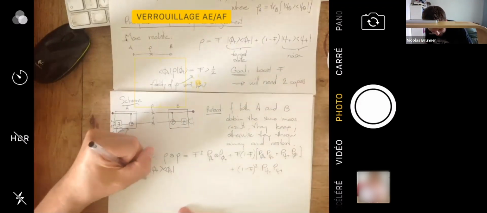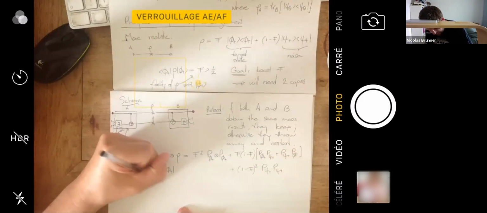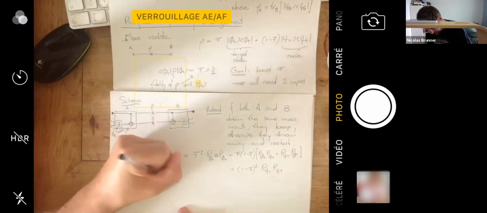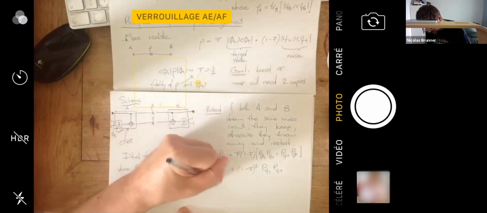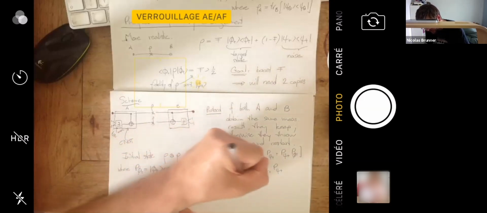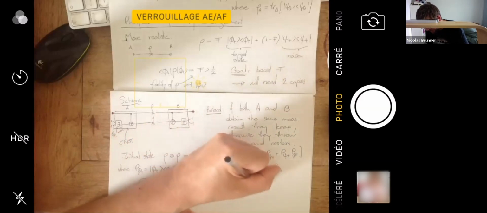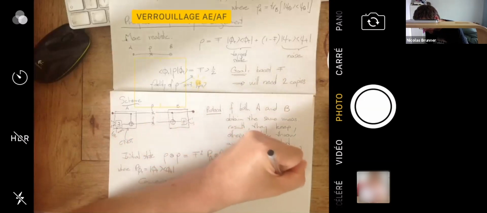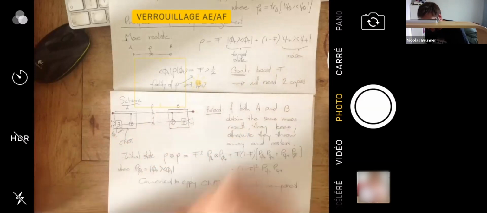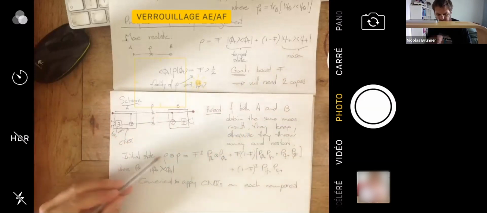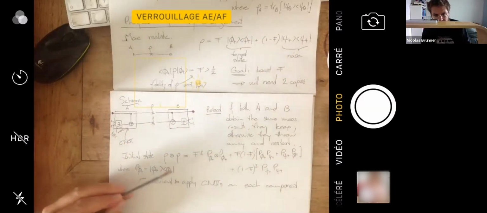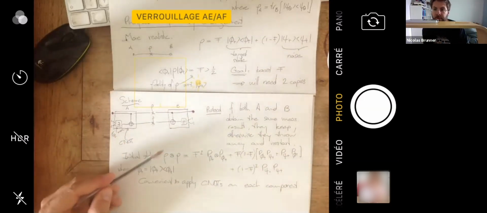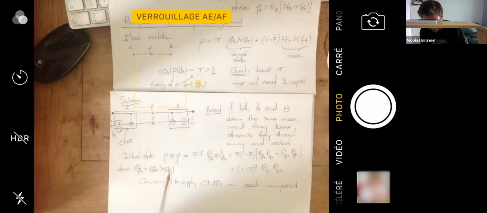So now to compute, it is convenient to apply C-NOTs on each component individually. Of course I could write a big density matrix, which would be 16 by 16 here, and then I could apply the unitaries for the C-NOT, but this is a bit cumbersome.